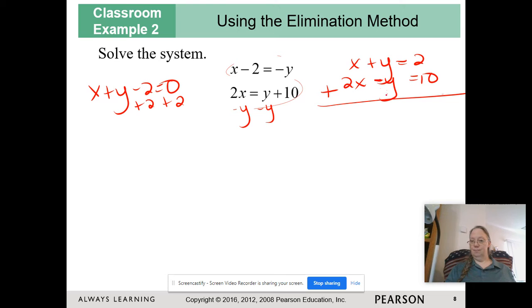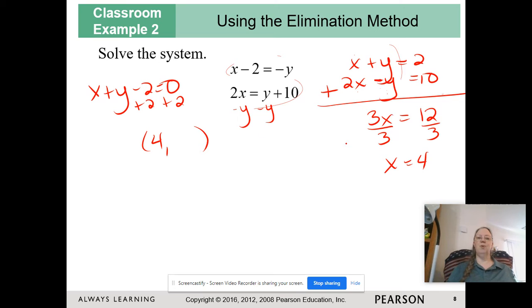So my y's are going to eliminate. I'm going to add my x's, and I'm going to divide by 3, and I get x is equal to 4. And I need to find my y, so I am probably going to put it into the top equation. Numbers are smaller.